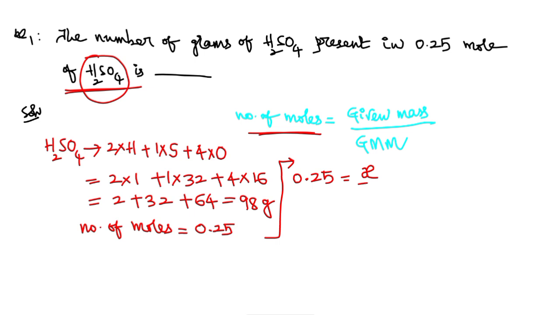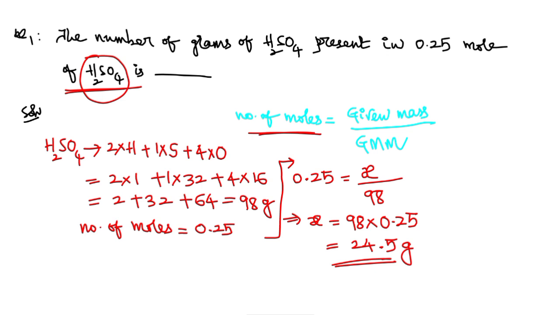Let us consider it as x by gram molecular mass, it is 98, implies x is equal to 98 into 0.25, which is equal to 24.5 gram. 24.5 grams of H2SO4 present in 0.25 moles.